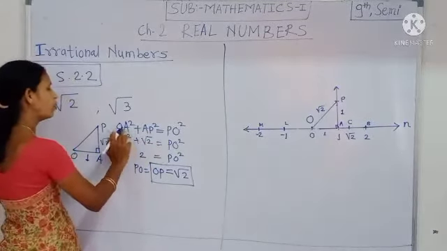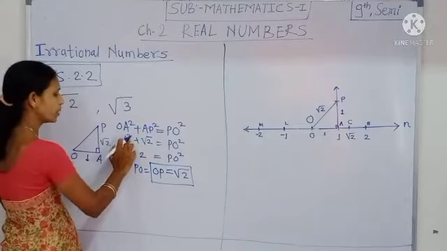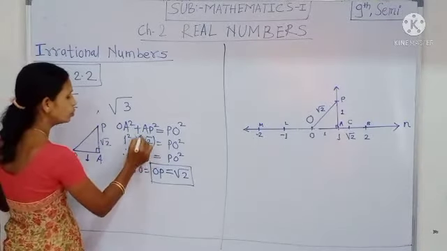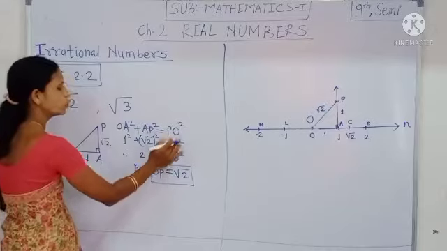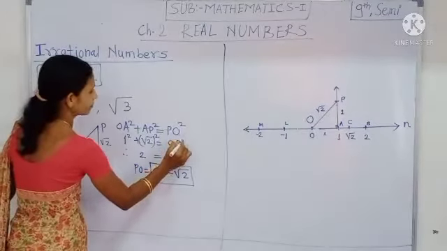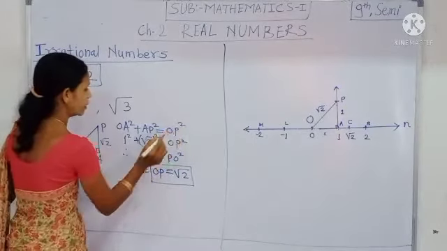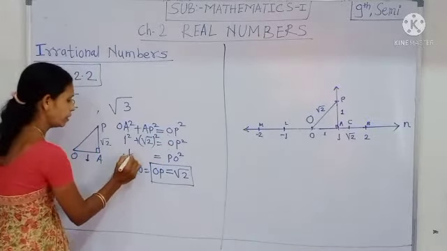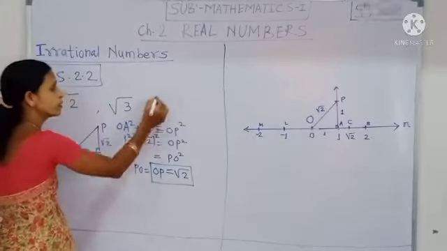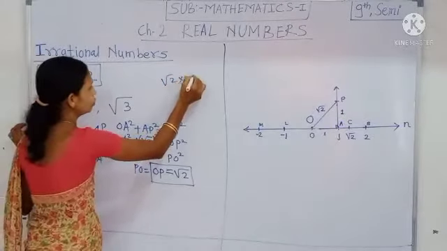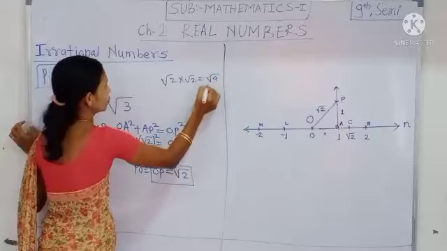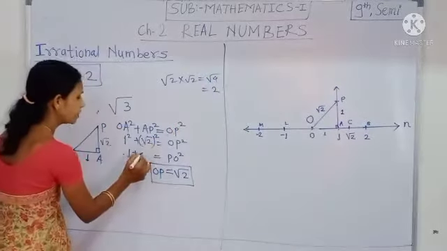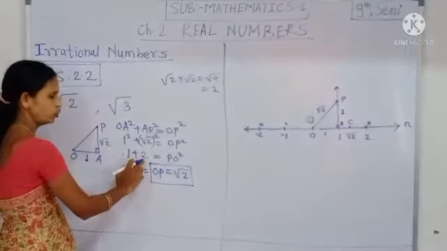Therefore, putting the value of OA and AP in this equation, 1 square plus root 2 square is equal to OP square. See here, 1 square is 1, plus root 2 square: root 2 into root 2 is root 4, therefore it is 2. That means root 2 square is 2.